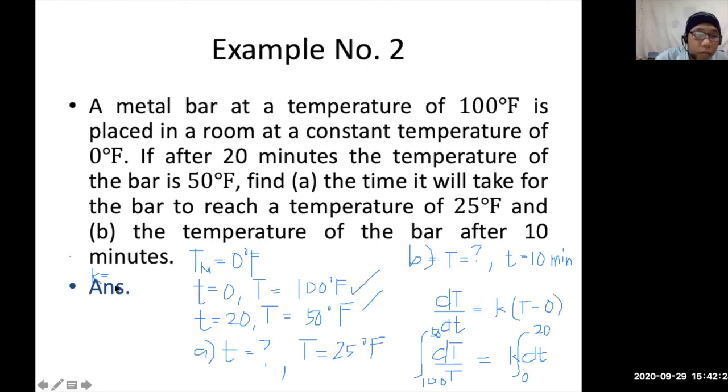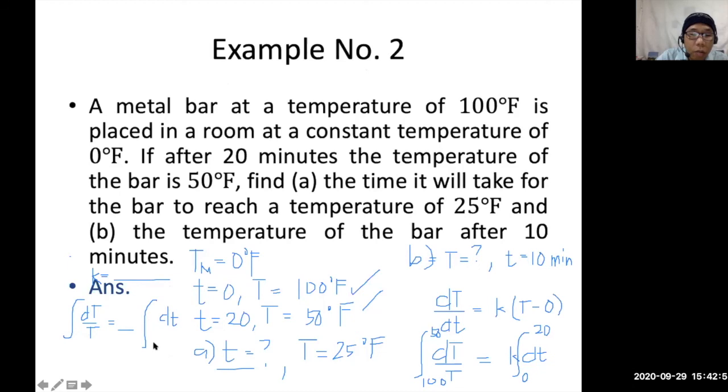Okay, here. So you now have a value of k. Then the same equation, dT over T is equal to k, since you have the value of k. Plug it in. Then the integral of dt. The unknown here is the time, right?